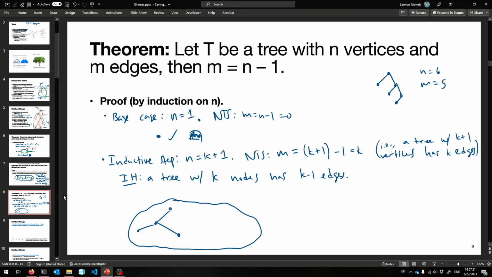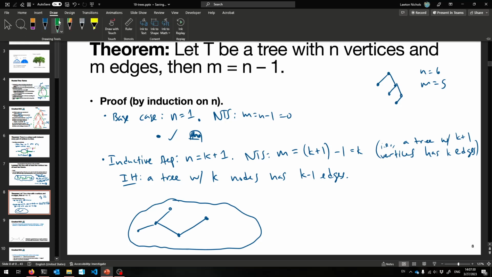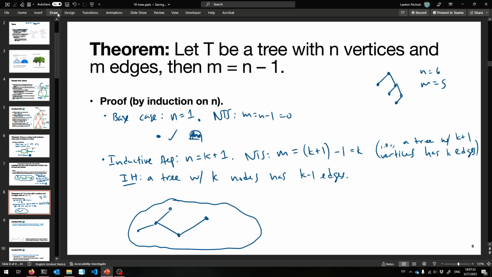I know it has at least 2 nodes. Here's the goal. Find a leaf. There's at least 2 leaves, right? So find a leaf of this tree. There must be one somewhere, right? Here it is, all right? Here's the green part. This is the full tree. You see a smaller tree here? It's everything but that leaf. That's what we want to consider because there's our smaller tree that our inductive hypothesis can apply to. See that? Okay.